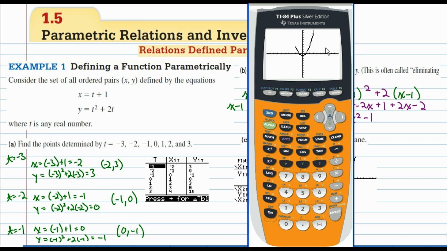Now I can see the portion of the graph that part A has asked me to find, where t equals -3, -2, -1, 0, 1, 2, and 3, etc. If I want to see even more, then I can go to my window and set my Tmin even further.